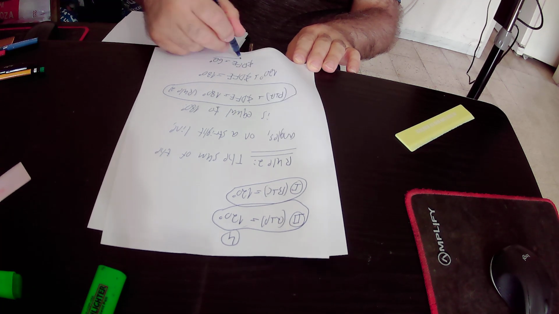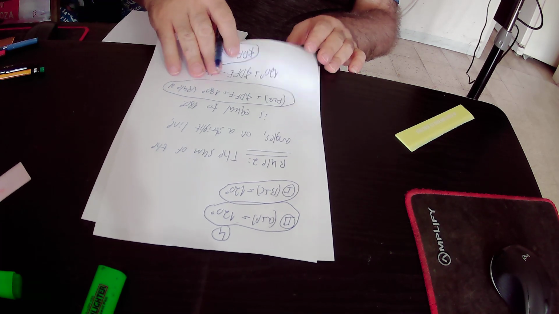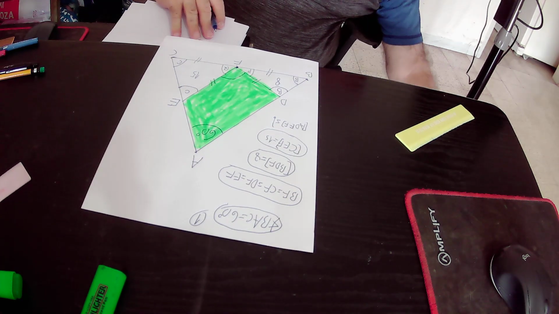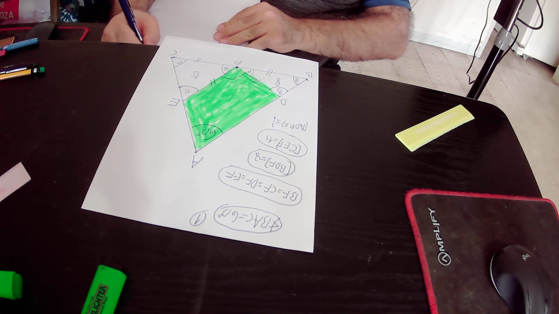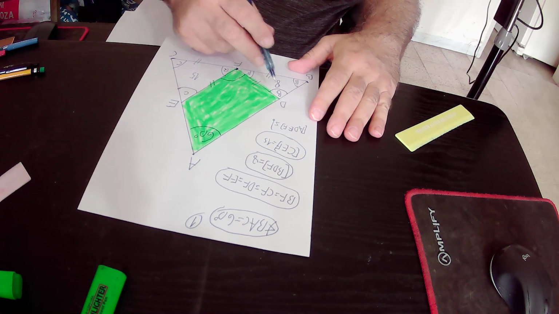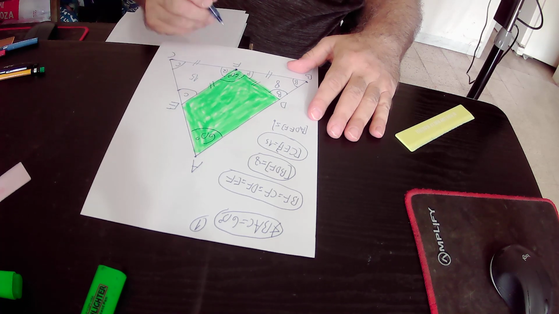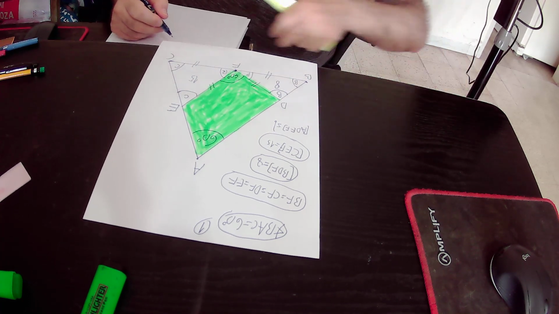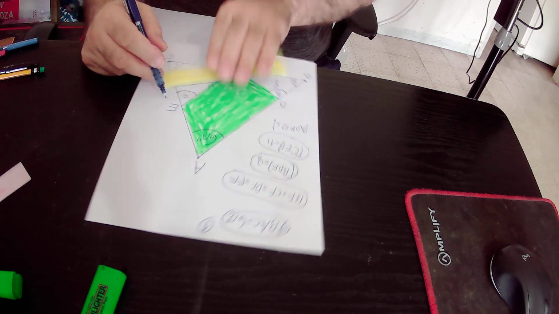Okay, so actually angle DFE equals 60 degrees. Okay, in the next step we will join together points D and E by a straight line.